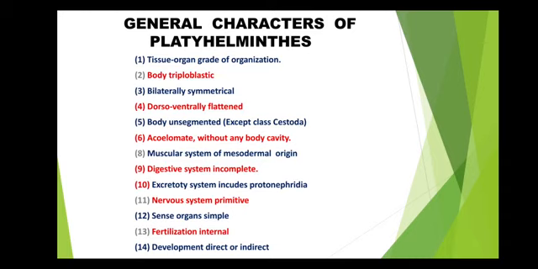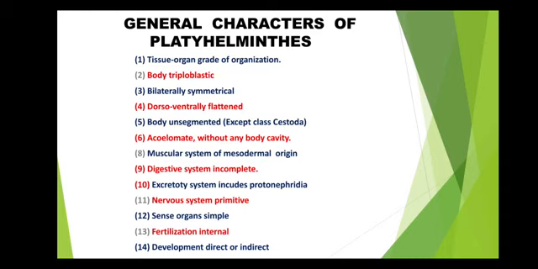Point number 10, excretory system. It consists of peculiar flame cells, protonephridia, which are meant for excretion and osmoregulation. The excretory product is in the form of ammonia. So the Platyhelminthes are ammonotelic. Point number 11, nervous system.